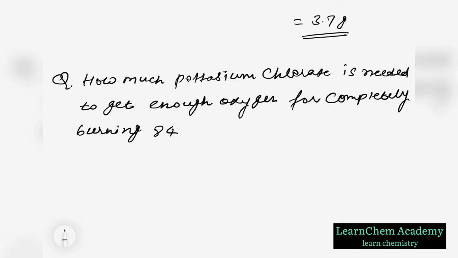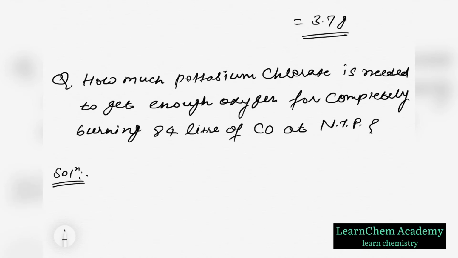So the question is, how much potassium chlorate is needed to get enough oxygen for completely burning 84 liter of CO at NTP.